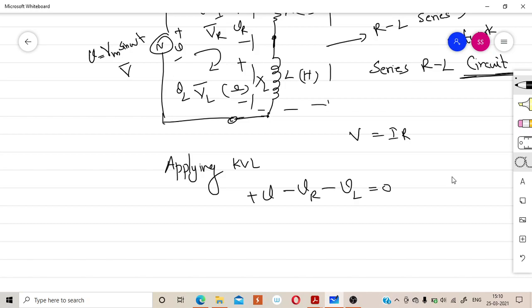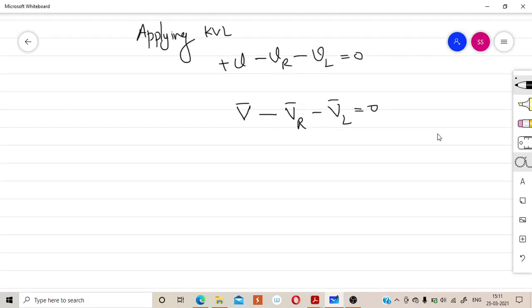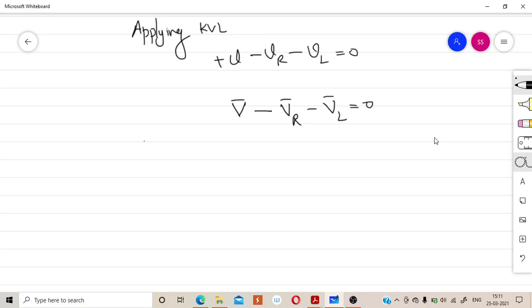Okay, so you can write this V as your V phasor, and replace VR and VL by the corresponding phasors. Suppose we have V phasor with RMS value 10 and VR with RMS value 5, then VL with RMS value 5 again.